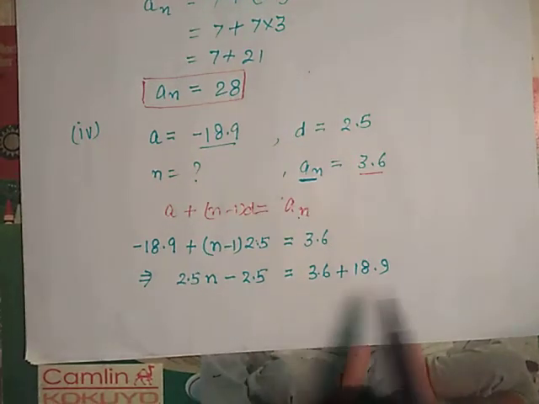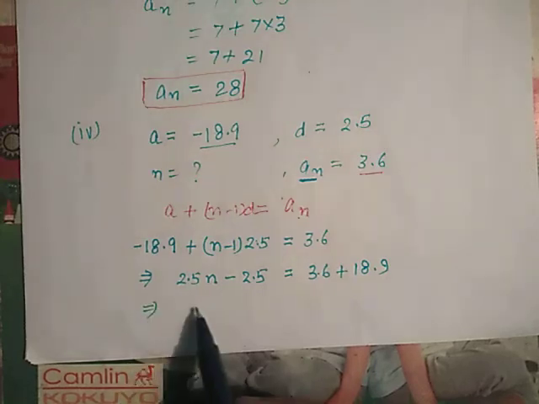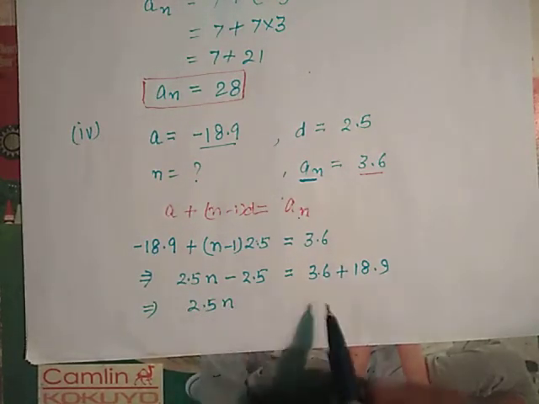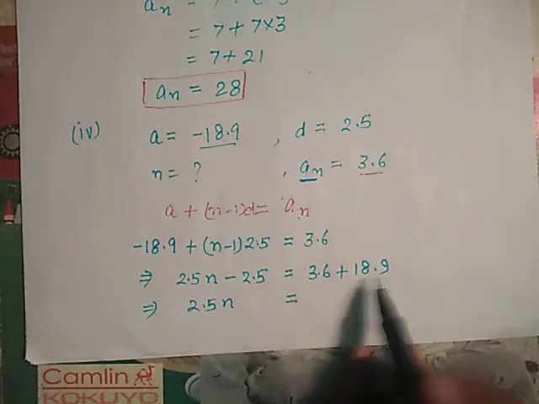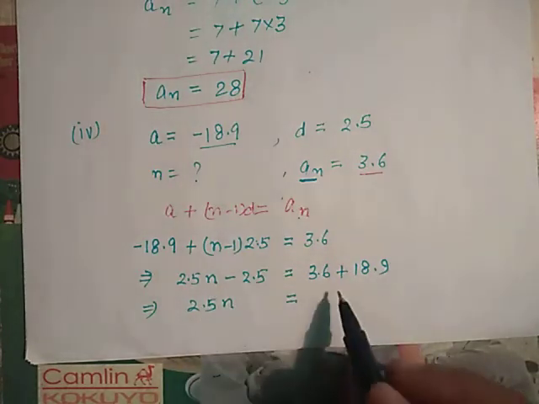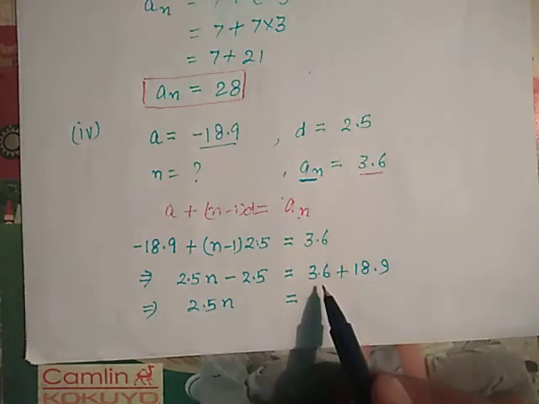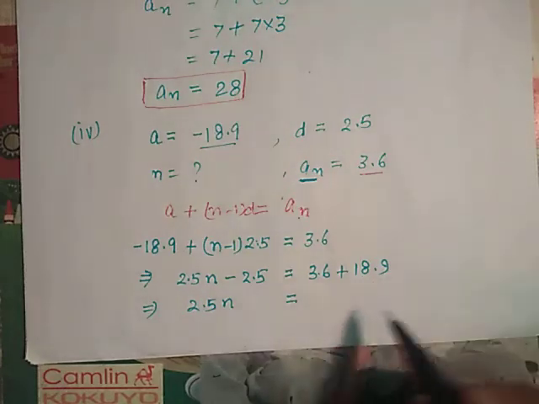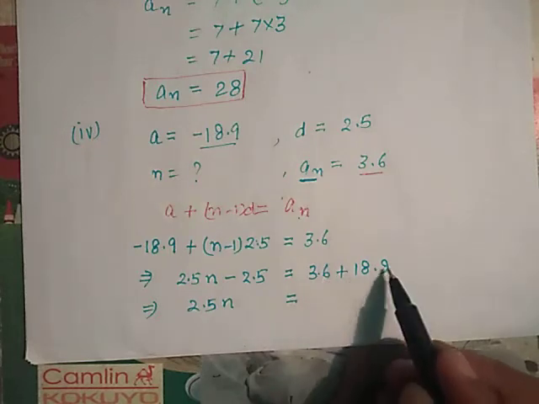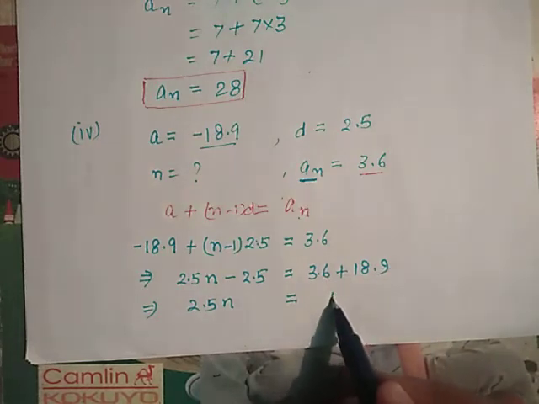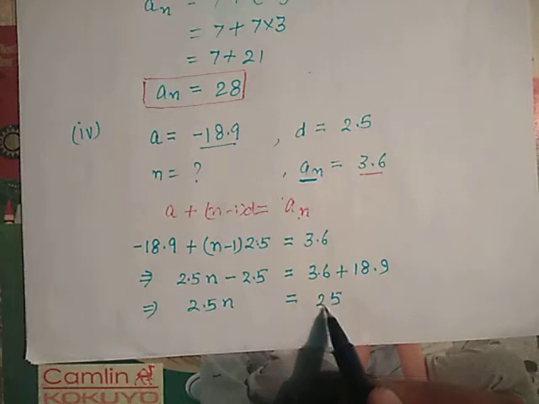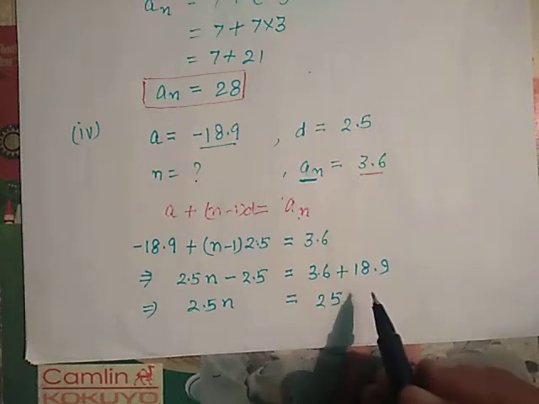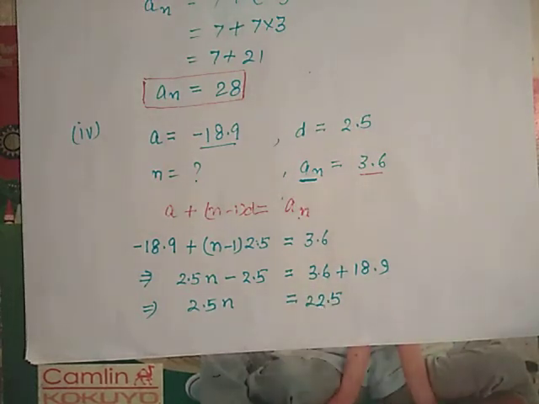Simply you have to add these two, and you will get here 2.5 n. First of all, leave it, we will add these two, and we will keep this on the right side. So 18.9 and 3.6, you know very well, you have to add: 9 plus 6 is 15, 5 carry over 1, 3 plus 8 is 11 plus 1 is 12, carry over 1 again, so it will be 22.5.